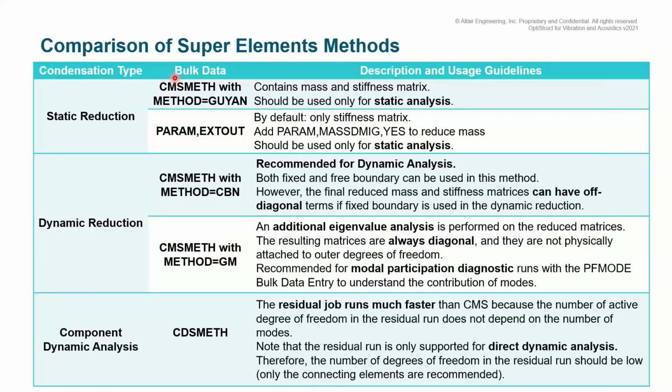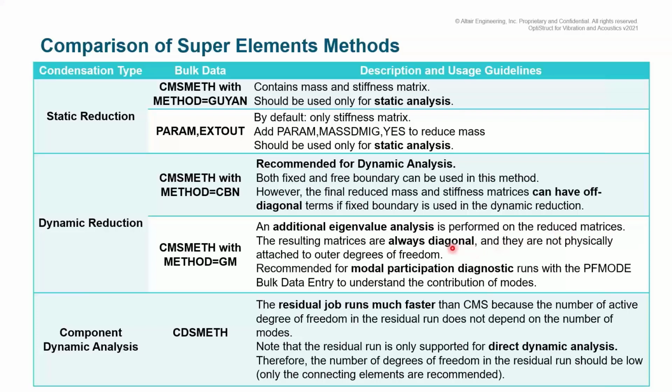Okay, let's have a look at this table where I highlighted the difference of the methods. So Gaussian is suitable for only static analysis, and CBN is recommended for most dynamic analysis. CMS GM, in this method, OptiStruct runs an additional eigenvalue analysis that is performed on the reduced matrix.